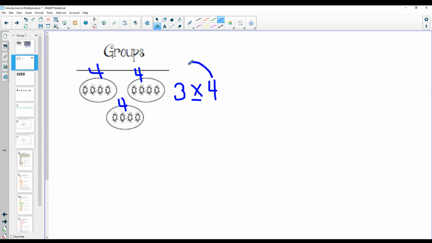So you're counting by 4 3 times. 4 plus 4 is 8. 8 plus 4, 8, 9, 10, 11, 12. So we can show in groups. That's 3 groups of 4, or 3 times 4. We counted 4 3 times.